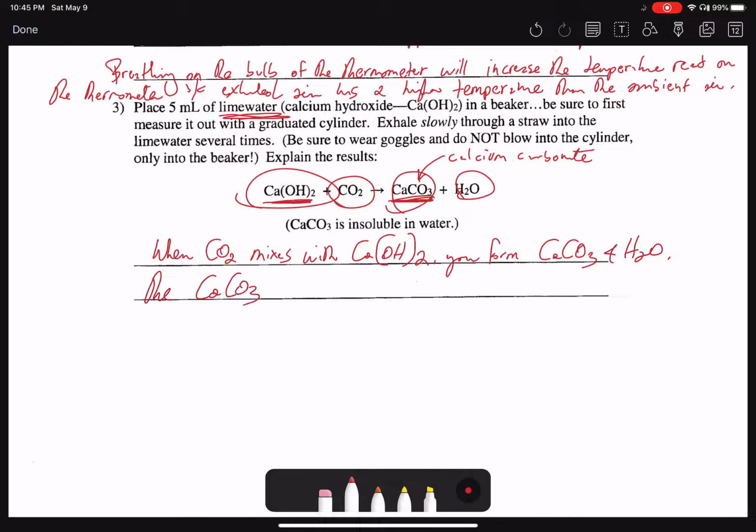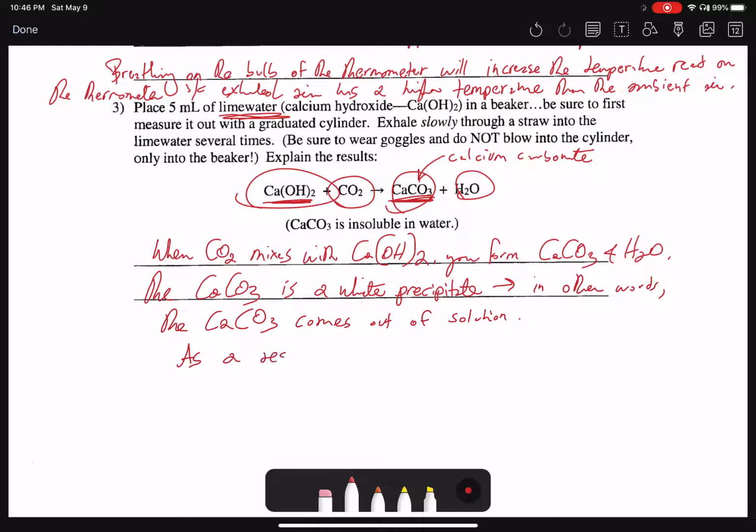The calcium carbonate is a white precipitate. Precipitates are solid, by the way. So, in other words, the calcium carbonate comes out of solution.